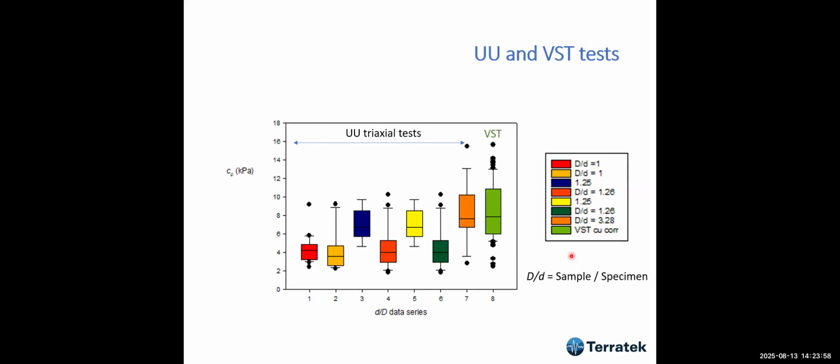And what I found is that with D capital over D lowercase of 3.24, the average is about the same, and this allowed me to calibrate the field vane test. I mean, to correct, not to calibrate, to correct. As we are going to discuss later on, vane shear tests in most cases have to be corrected by a factor of less than one.